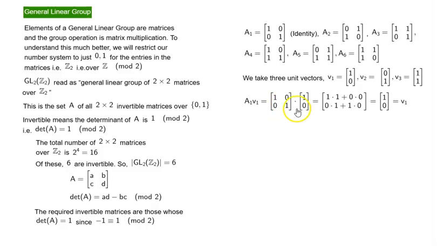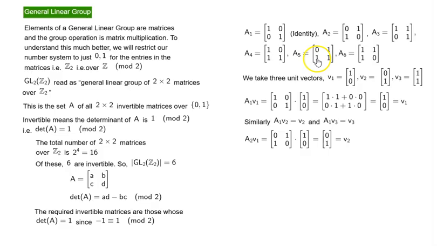Since the operation is matrix multiplication, it would be 1 times 1 plus 0 times 0, and 0 times 1 plus 1 times 0, which gives us (1, 0), which is nothing but V1. So A1 V1 gives us V1 itself. Similarly, A1 V2 is equal to V2, and A1 V3 is equal to V3. That means A1 multiplied with any of these 3 vectors gives us the vector itself.